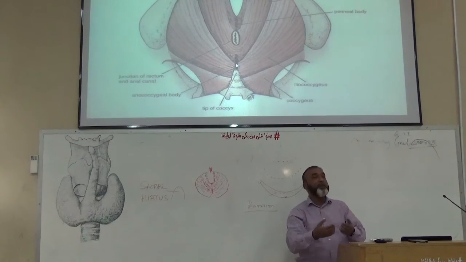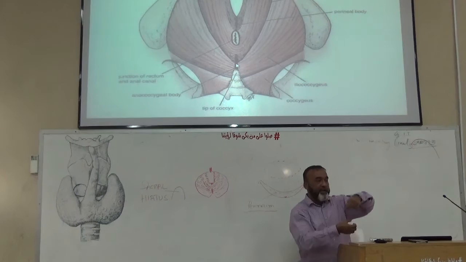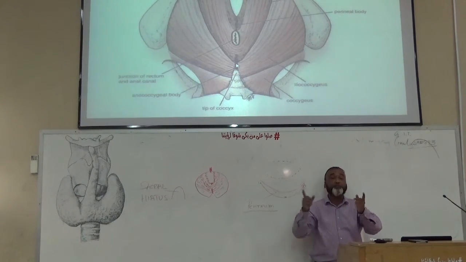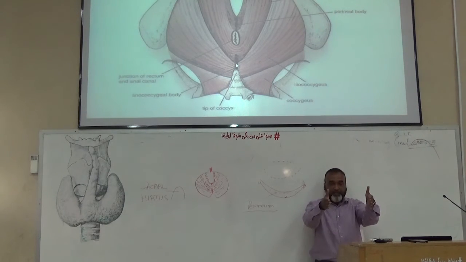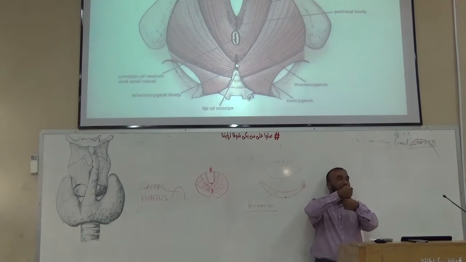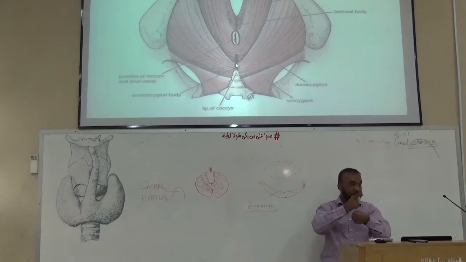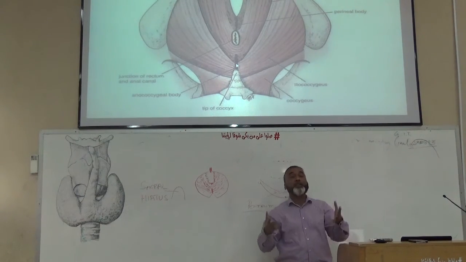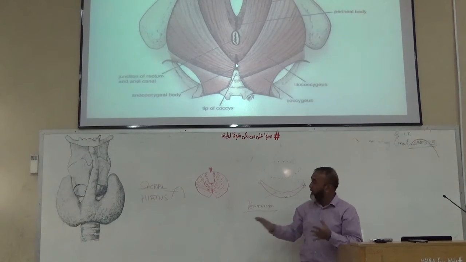Behind this perineal body we have the opening of the anus, and the middle or intermediate fibers, named puborectalis, pass backward and surround the junction of the rectum with the anal canal. Then the posterior fibers are named iliococcygeus.